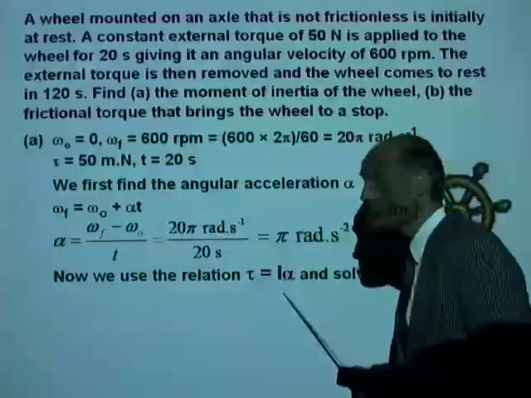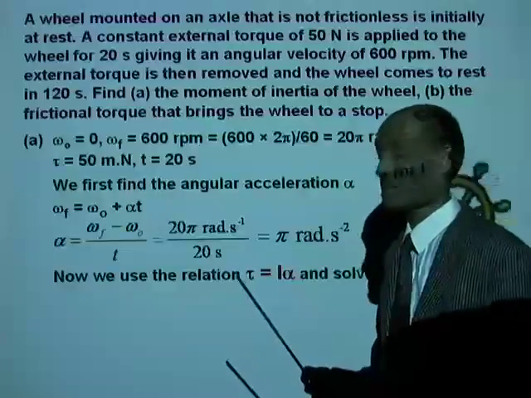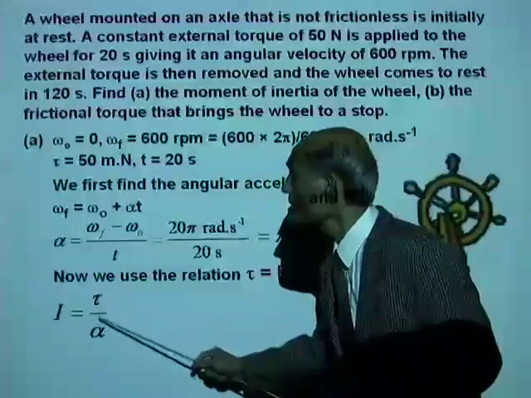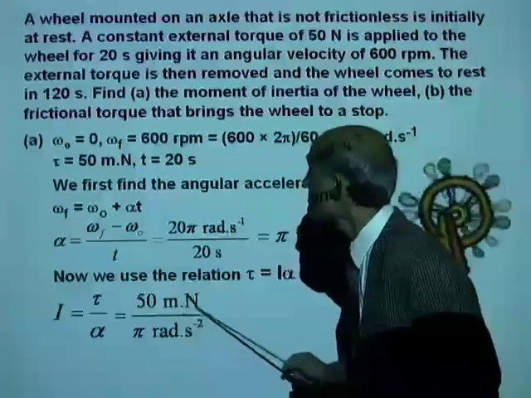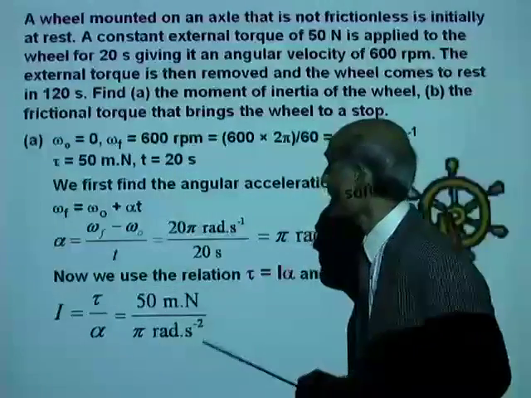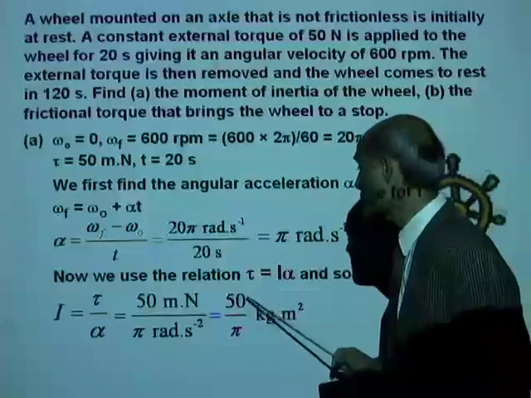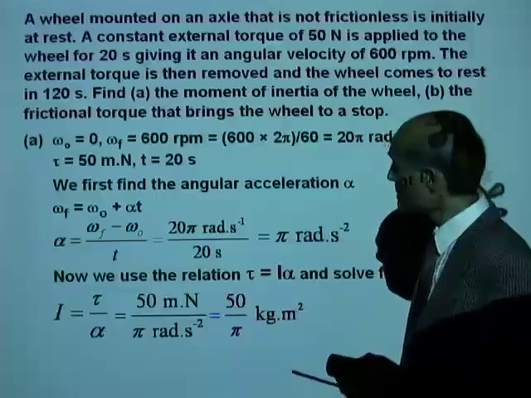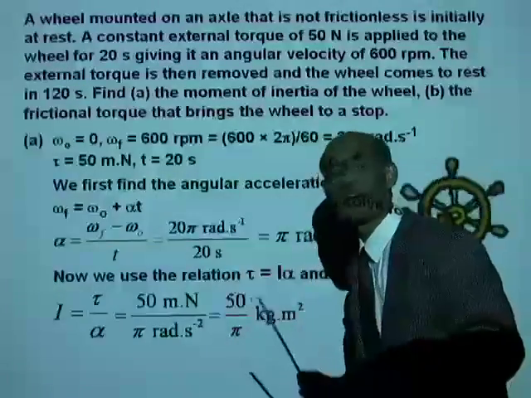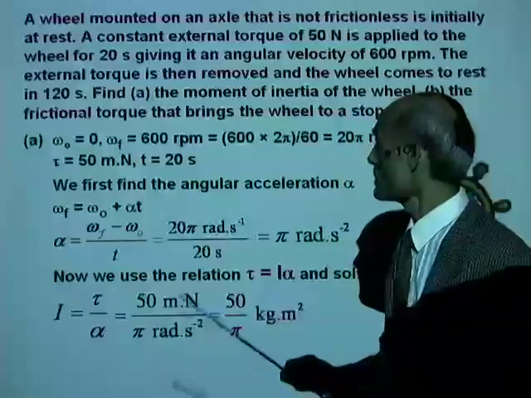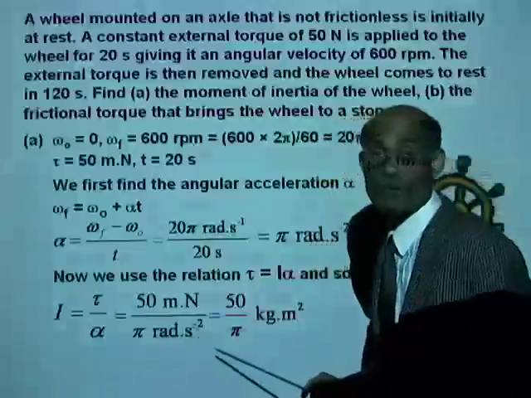So I equal to tau divided by alpha, that is 50 meter newton divided by pi radian per second squared, and that is 50 divided by pi kilogram meter squared. We can leave it like this as an exact answer. So we now have the moment of inertia of the wheel.